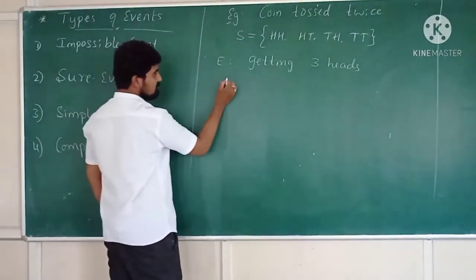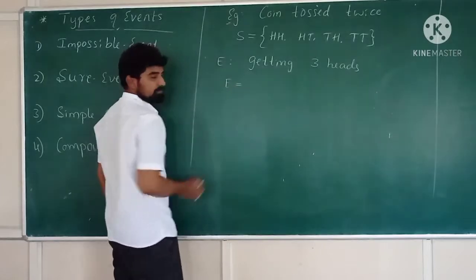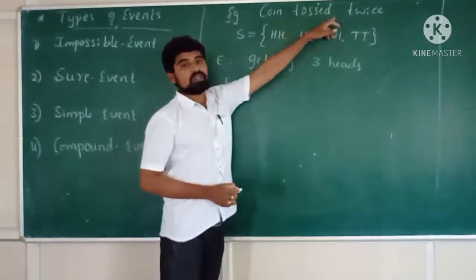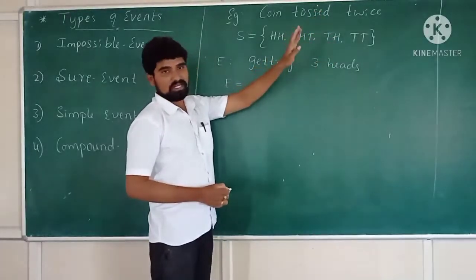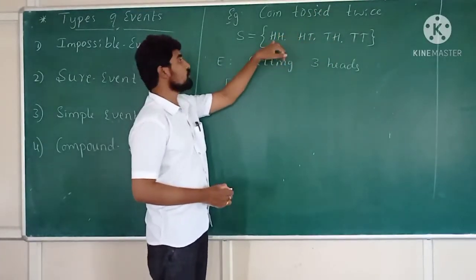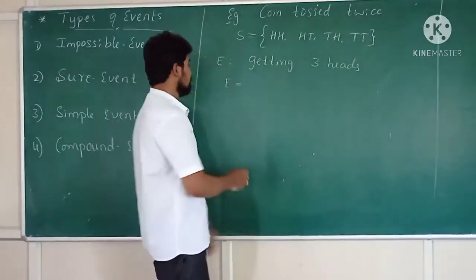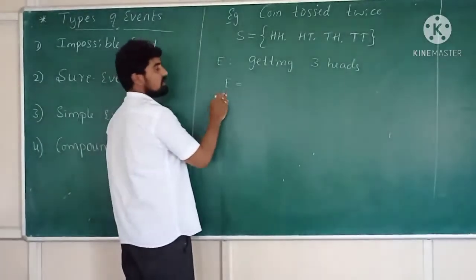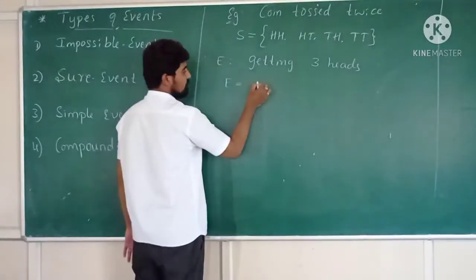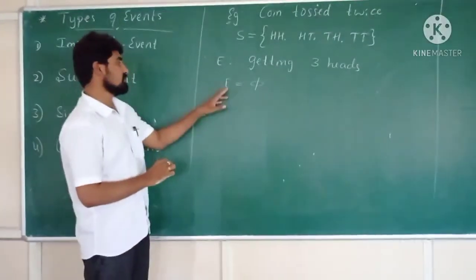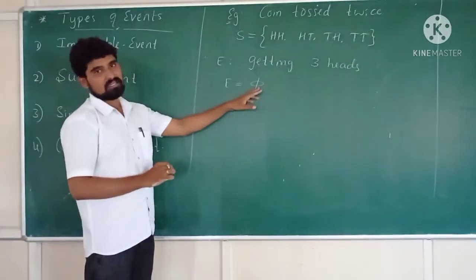Since we are tossing a coin 2 times, we get either 1 head, 0 heads or 2 heads. So it is not possible to get 3 heads, therefore the event E has no elements. Therefore the event E consists of 0 elements, hence E is the null set.